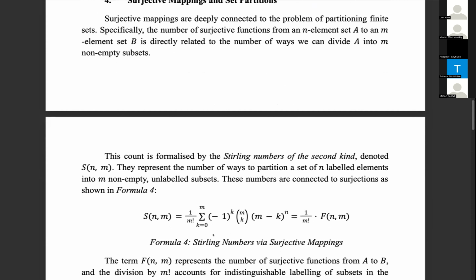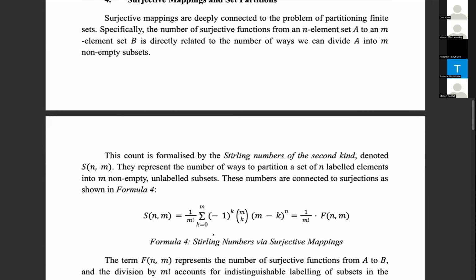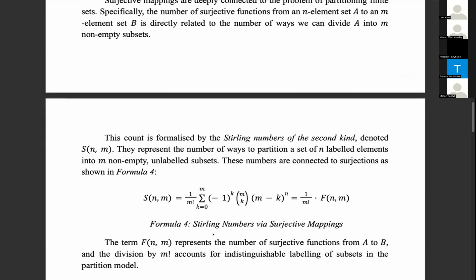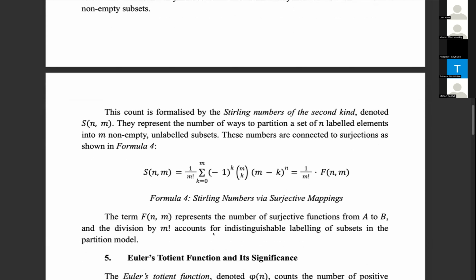So here's the link. Surjective functions are closely tied to partitions, and derangements are again nested inside this broader structure. This hierarchy, from permutations to derangements to surjective maps to set partitions, is a cornerstone of enumerative combinatorics.